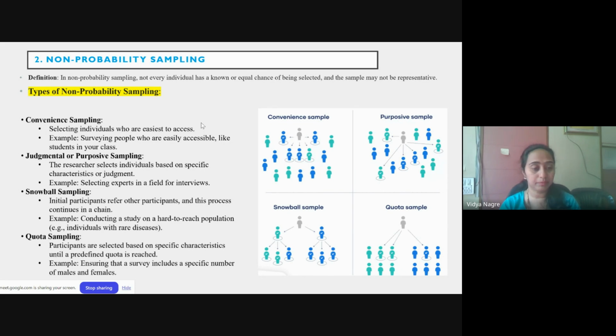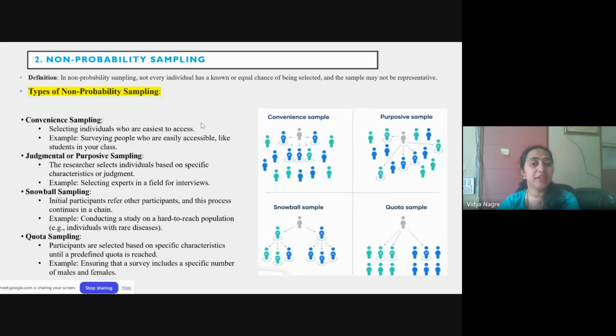Then there is quota sampling. Participants are selected based on specific characteristics until a predefined quota is reached. Understand, for any kind of study, you need enough sample. You cannot say, I'll just study 15 students and I'll reach a conclusion. It never happens. You always have to choose a very good amount of sample to conclude any kind of study.